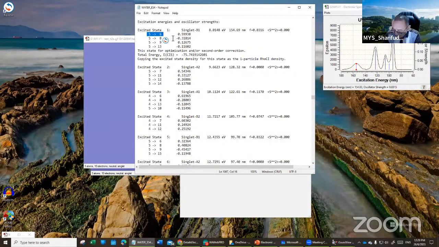The multiplier, the constant is 0.5. This one basically gives you the probability. If you square it, it gives you the probability density of the transition. So it's 0.6 squared, about 0.4. Yeah, the probability density of this transition is about 0.4, right? So if you sum up all the transitions, it will equal 1.